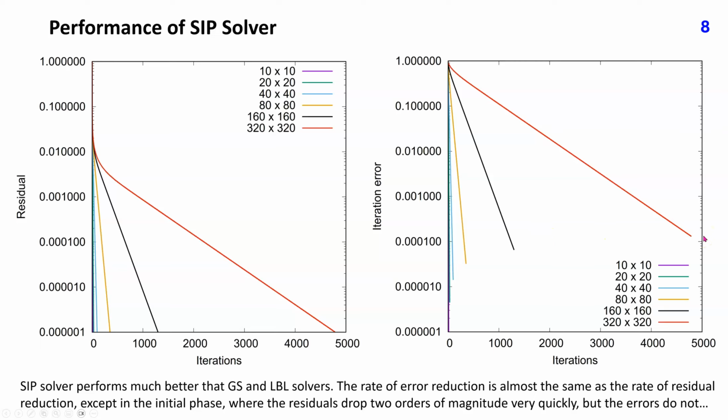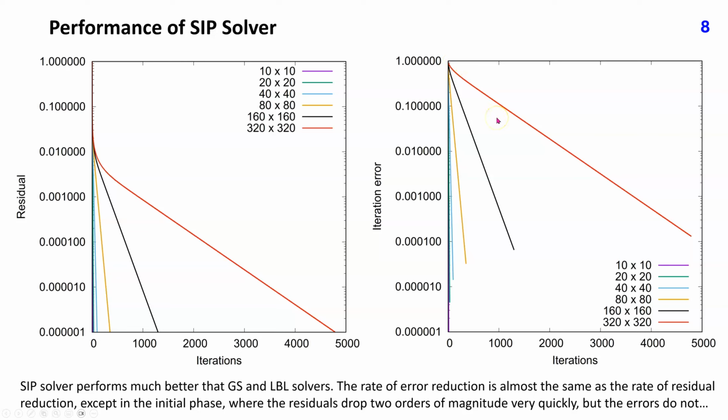On the grid with 320 by 320 control volumes, the iteration error norm is reduced only 4 orders of magnitude when the residual norm is reduced 6 orders of magnitude. Initially, the residual norms fall rapidly 2 orders of magnitude, which is not accompanied by a reduction of iteration errors.